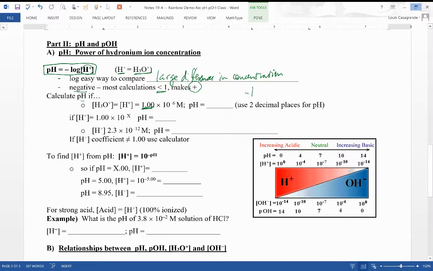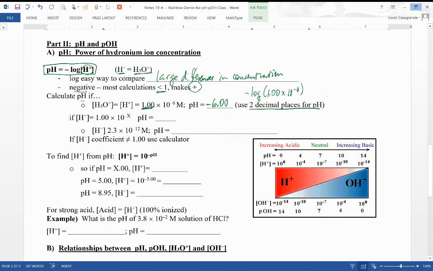What you should get is a 6. And I'm going to put a 0.00 there because I want you to always use 2 decimal places for pH, even if they're zeros. Okay, so make sure you put those zeros in there.